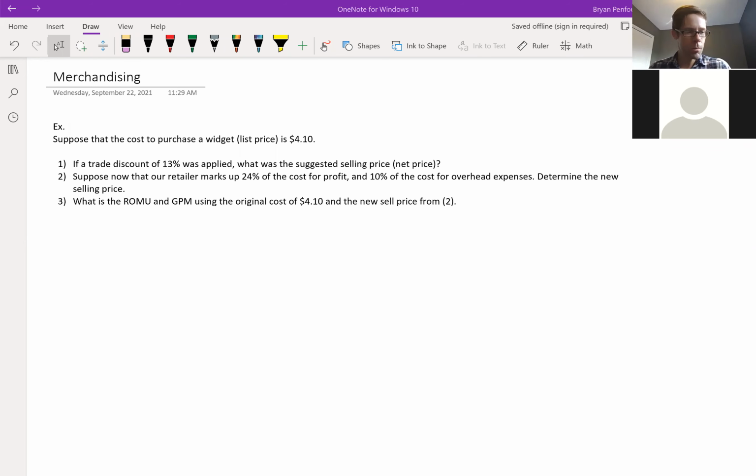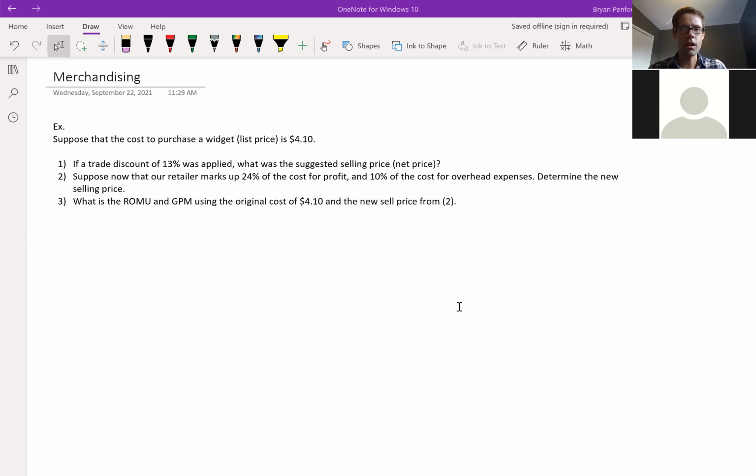So there's two, I would say, equally acceptable formulations for this particular question, and you can use whichever one makes sense based on the question. I tend to use C equals S times 1 minus D because sometimes we need to use the net price as the cost in a follow-up question. So that's why I sometimes favor the alternate form of this formula.